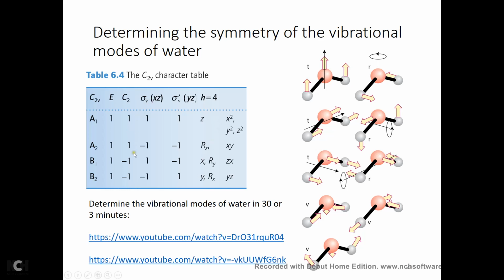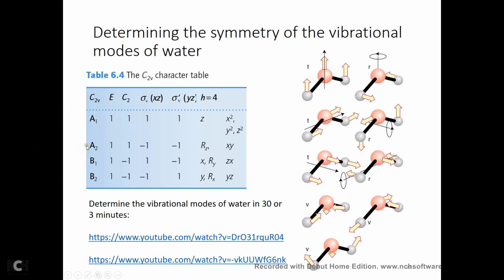So in this case, only A2 symmetry is infrared inactive. So sometimes if you make a prediction of a vibrational mode of a molecule, but you cannot find it on the infrared spectrum, usually it's because this is infrared inactive.